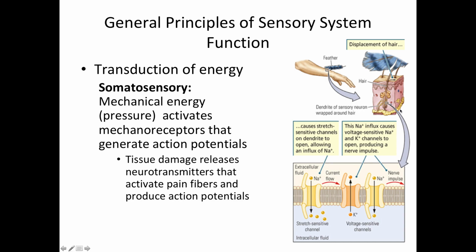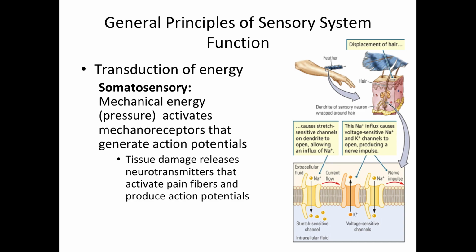So here, for example, if you get touched by a feather or by anything else, your hair will be displaced. So this will cause stretch-sensitive channels on dendrites to open, and that will make sodium influx into the cell. And then when this sodium goes into the cell, voltage sensitive sodium and potassium channels will open and they will produce an action potential.